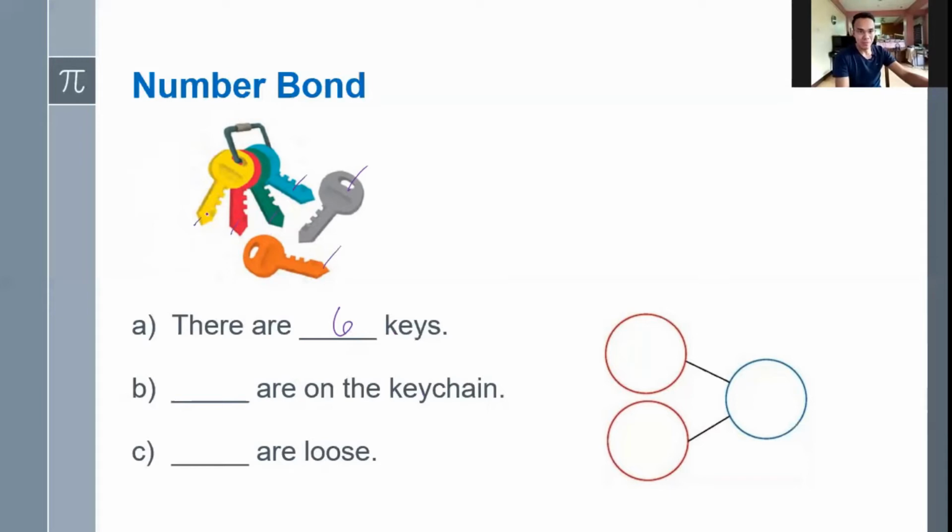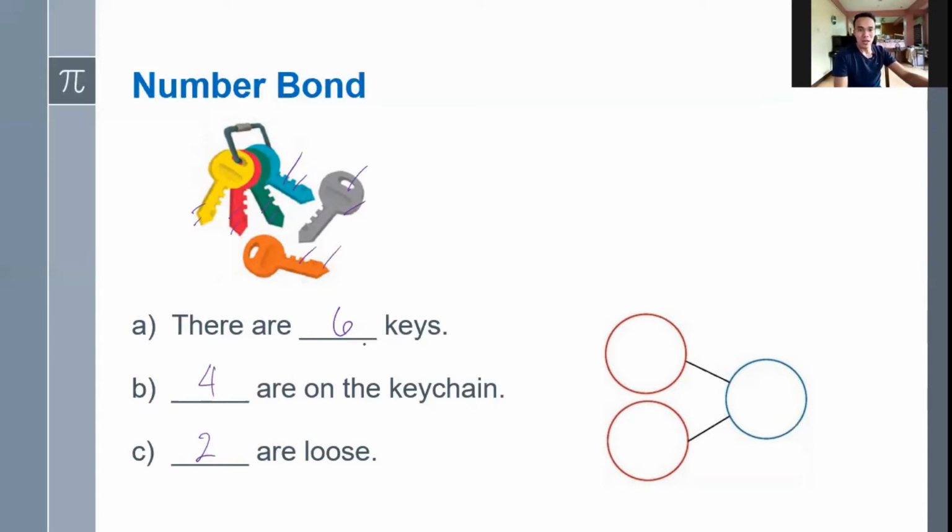Let's count. 1, 2, 3, 4. 4 keys are on the keychain. How many keys are loose? Let's count. 1, 2. There are 2 keys that are loose.